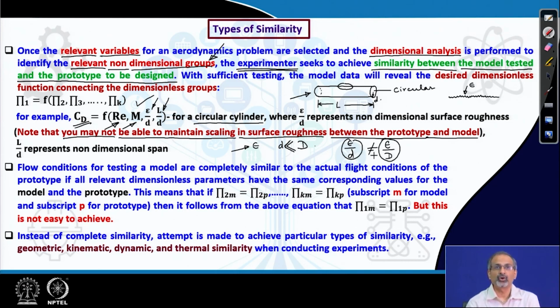Therefore, you would not always be able to match these non-dimensional coefficients or the similarity parameters which we are talking about.